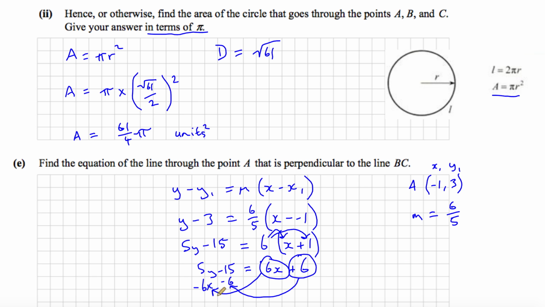So on the left side we have 5y minus 6x, and then minus 15 minus 6, which is minus 21. And we've got 0 left on the right side. So that's our answer for the equation of a line. There are other rearranged versions of this, but that's the one that I ended up with. And that's the end of the question.